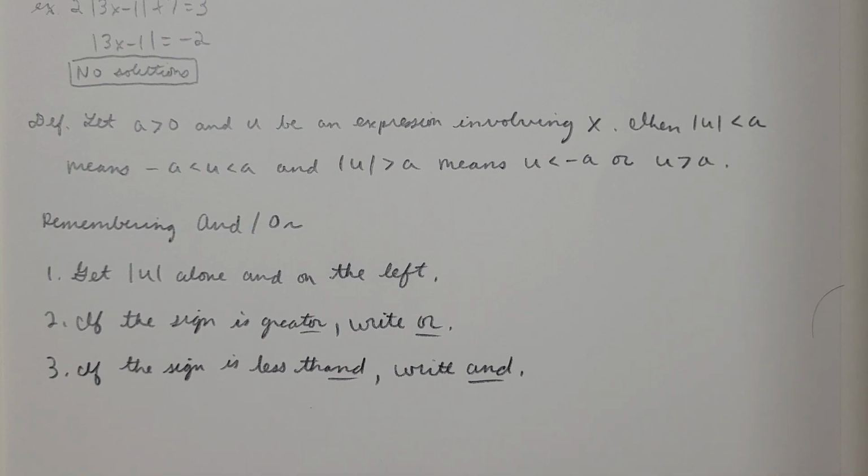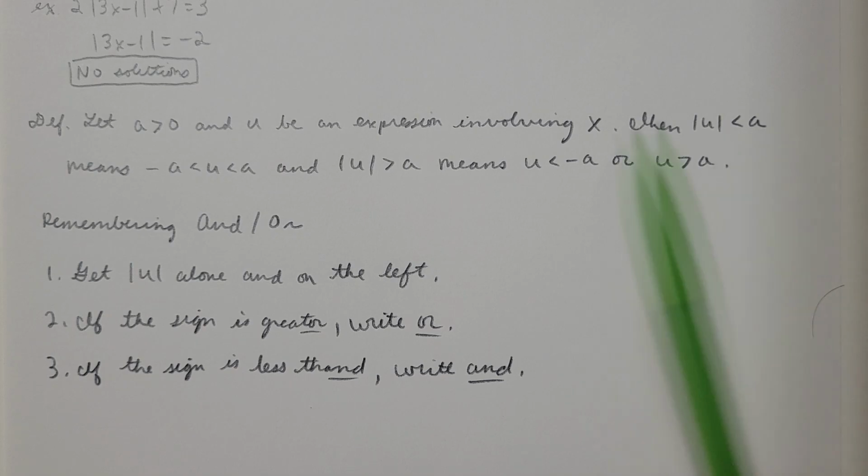The bottom line here: whenever I want to solve an absolute value inequality, I must write down two inequalities. I don't just forget about the absolute value bars and that's it, because otherwise I only get half of an answer and that's a wrong answer. I need to get the complete answer.